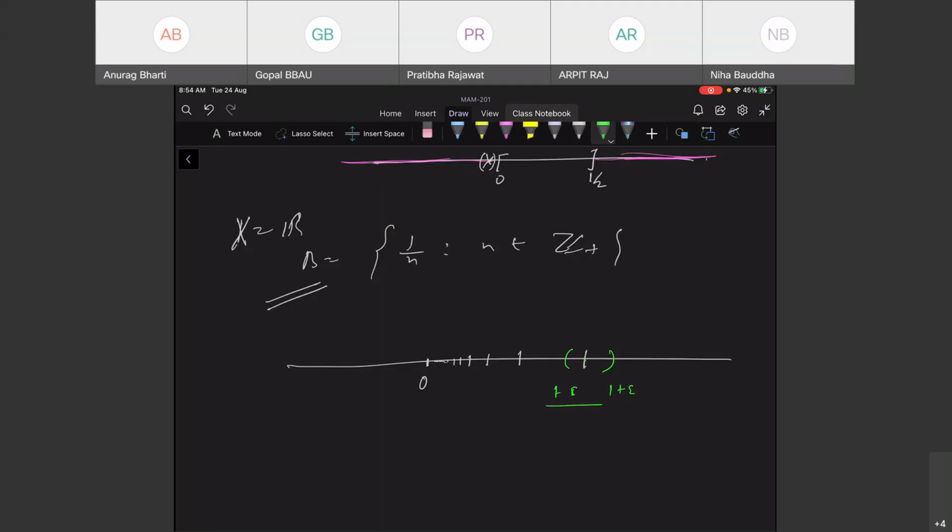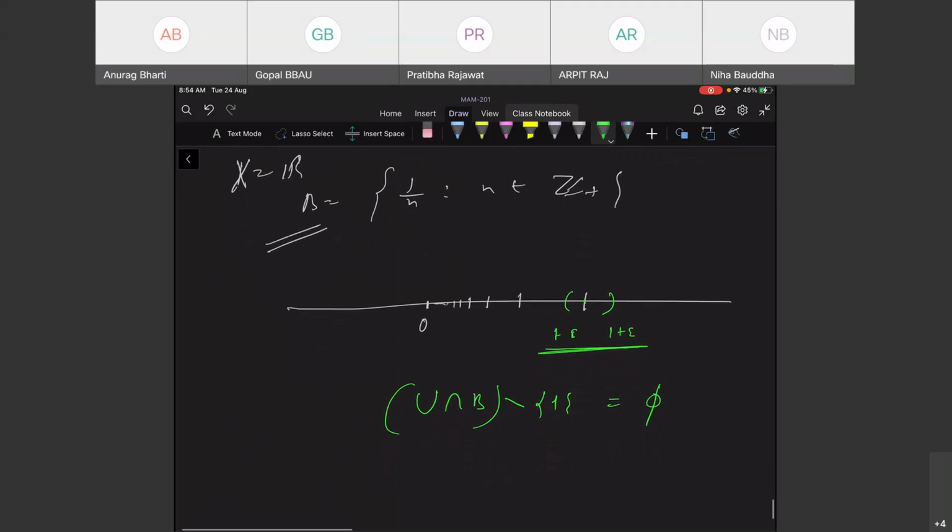This neighborhood will intersect with B, but the intersection point is only 1. When we remove this 1 from the intersection, we get the empty set. Correct or not?